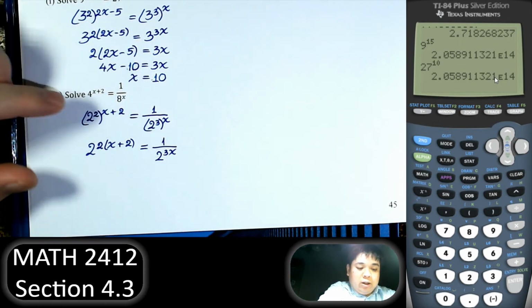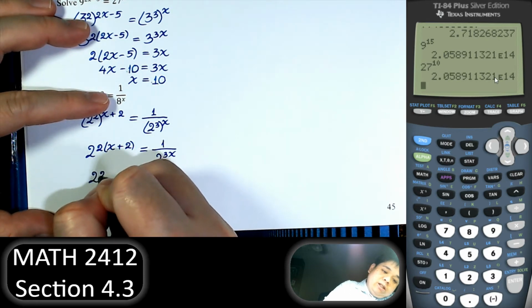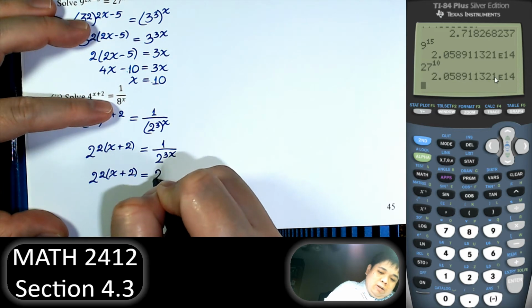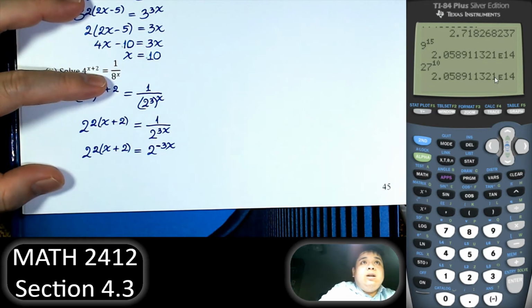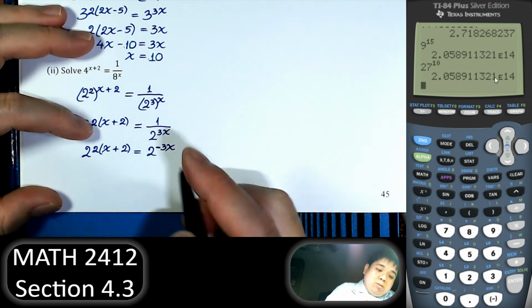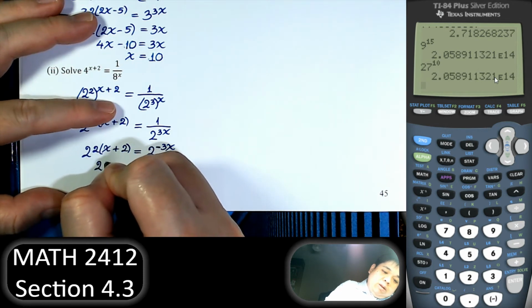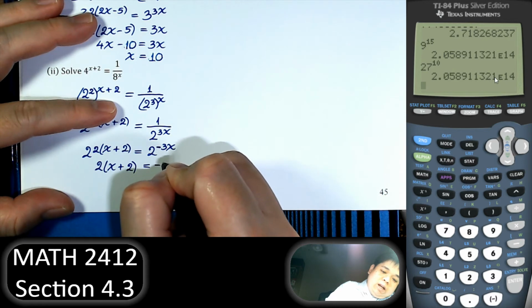Multiply the exponents. Next, cross the line, change the sign. Move that from the bottom to the top. Now two things are equal, the bases are equal, the exponents will be equal. So we have 2 times x plus 2 equal to negative 3x.